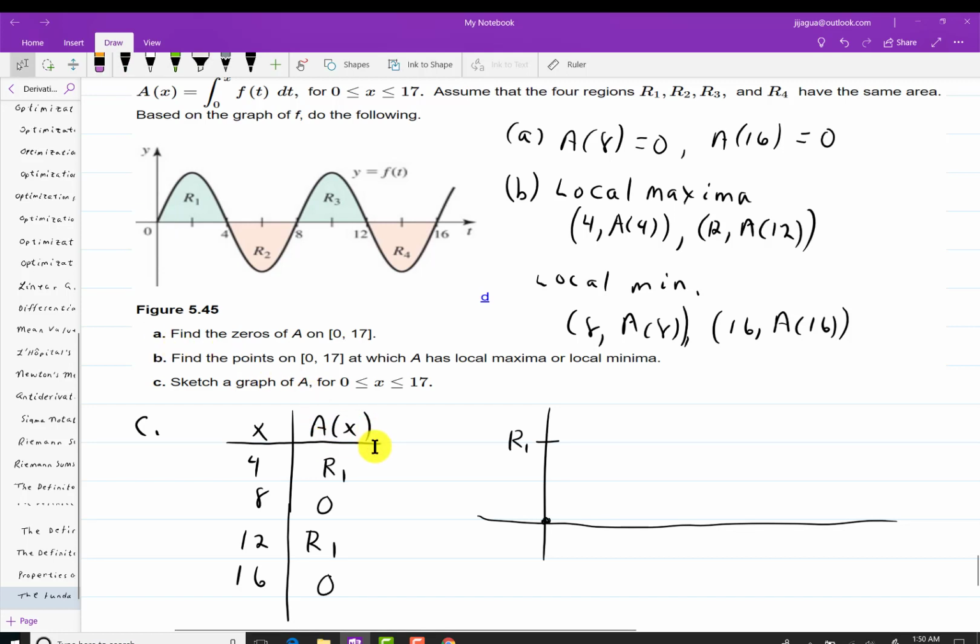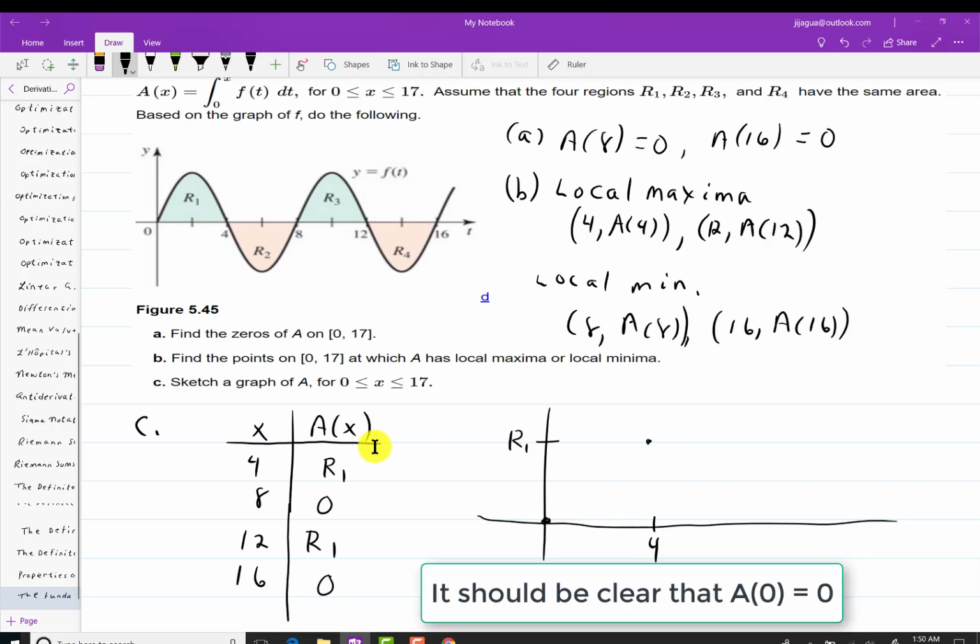Then we'd have 4, R1, and then I would have 8, 0, put a dot there, and I have 12, R1, put it at the same height that we had R1 before, and then 16, 0. So it's going to go something like this. It'll curve probably not much differently than the functions you were given. So it's going to be some sort of a periodic curve, just like the original one was.